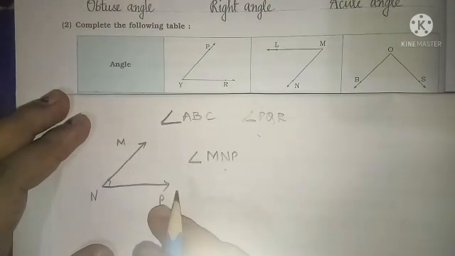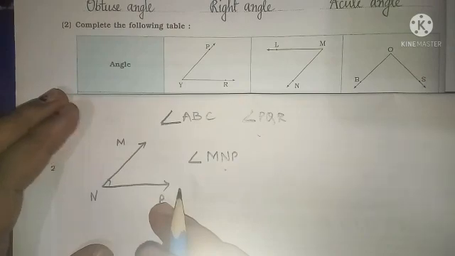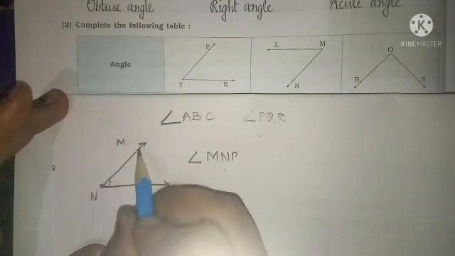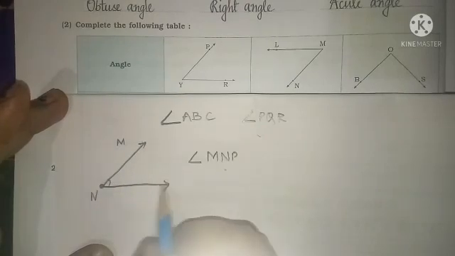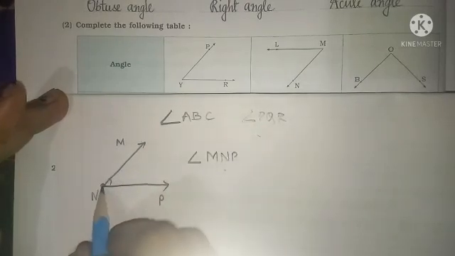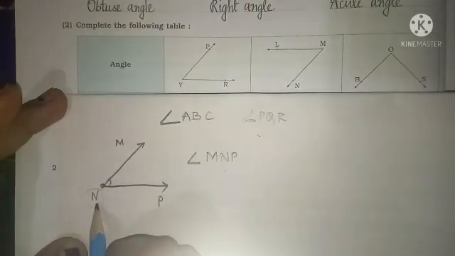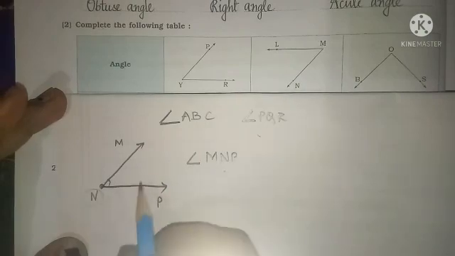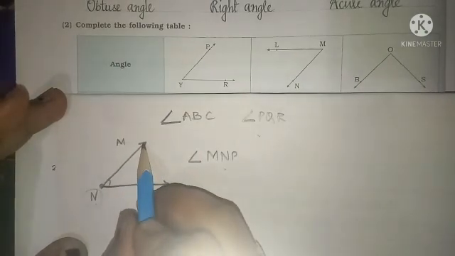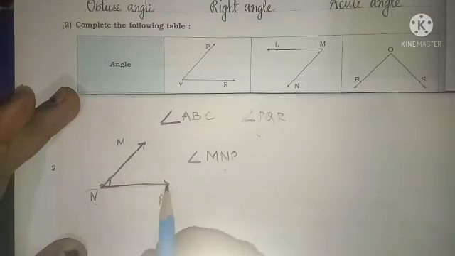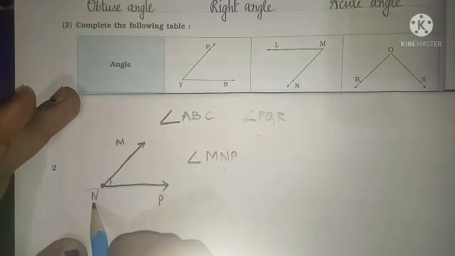When they are asking us about the vertex, the vertex is nothing but the point where the two lines join. Here they are joining at this point, so this is your vertex. N is a vertex. So always keep it in your mind, the point where the lines of an angle join is known as your vertex.